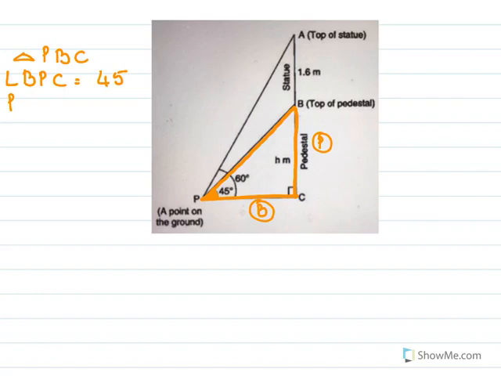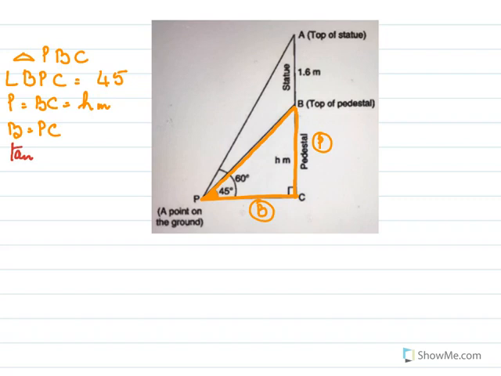So we have the perpendicular, which is BC. We don't know the perpendicular, we take it as h meters. The base we see is PC. We don't know the base either, so we just keep it that way. Okay.